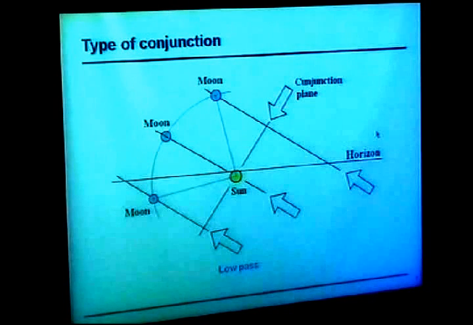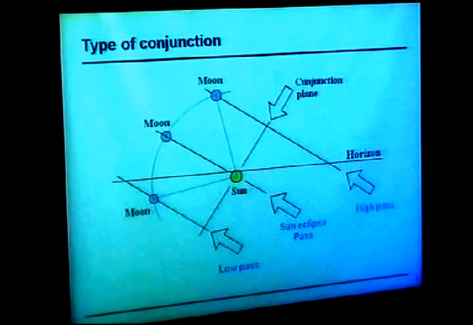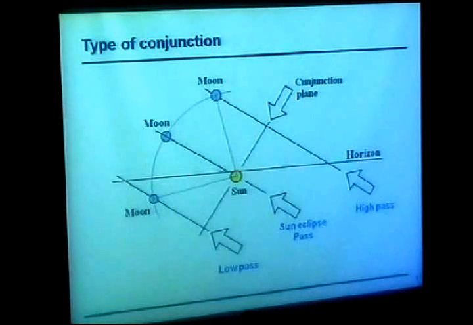The second conjunction is where the Moon passes over the Sun and a solar eclipse occurs. Finally, the conjunction high pass, where the Moon passes high over the Sun. In this conjunction, the Moon is over the horizon at maximum altitude.